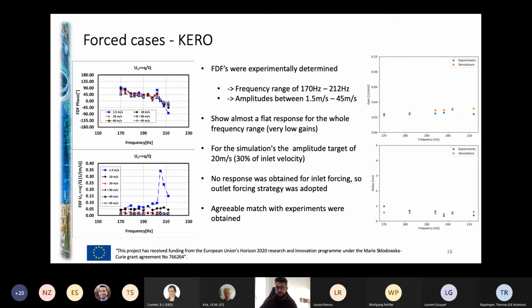And a lot of work went into trying to get the right strategy to force such spray flames. And with all that on the right, you can see we have almost an agreeable match. And because of the low gains, it becomes very difficult to match both the gain and the time delay. And this is the best we could over this short experimental range.